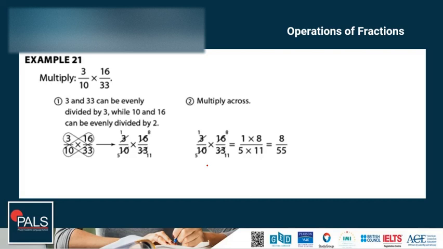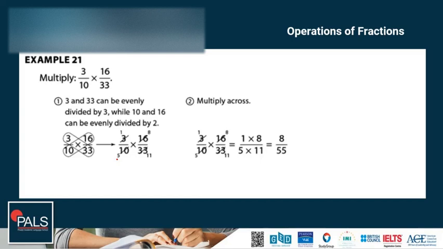You can do cross cancelling. 3 and 33 can be evenly divided by 3, while 10 and 16 can be evenly divided by 2. So let's start with 3 and 33. 3 divided by 3 is 1. 33 divided by 3 is 11. Then 16 divided by 2 is 8. 10 divided by 2 is 5.